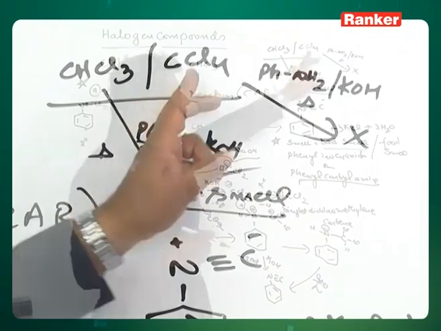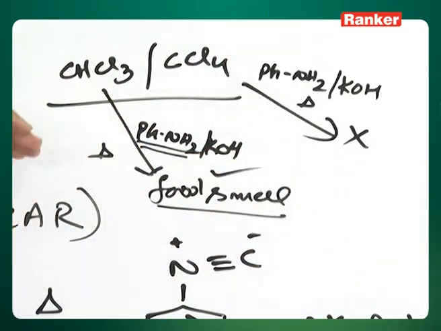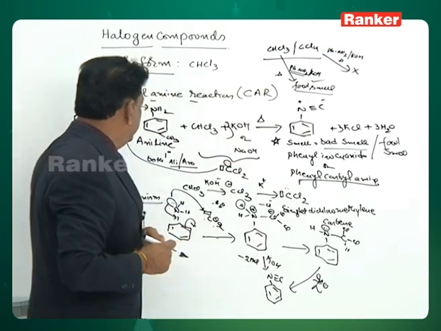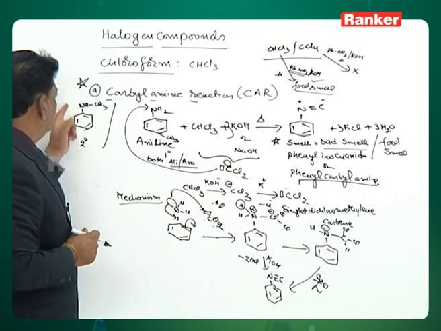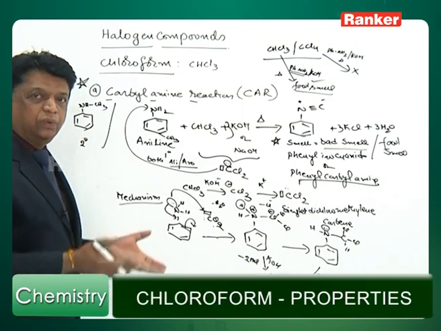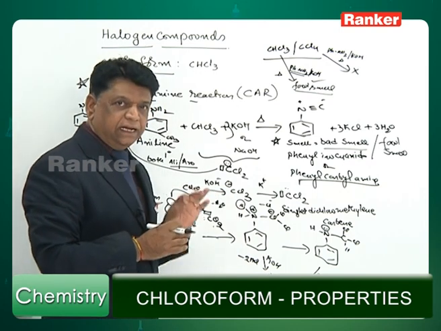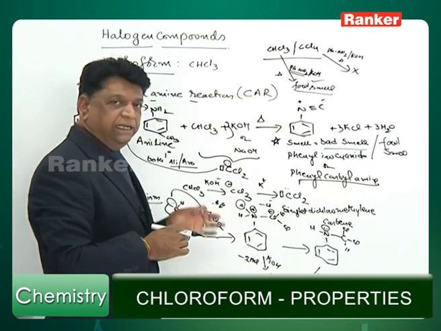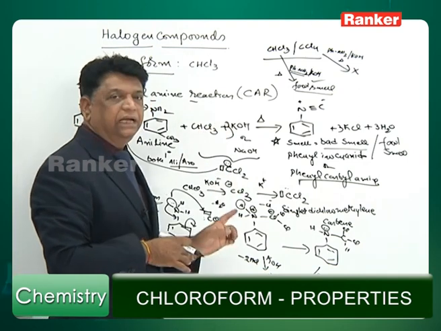So CCl4 will give a negative carbylamine test, CHCl3 will give a positive carbylamine test. A 1 degree amine will give a positive carbylamine test, 2 degree and 3 degree will give a negative test. The test is not by seeing the color or a solid physical change, but the smell is the criterion.